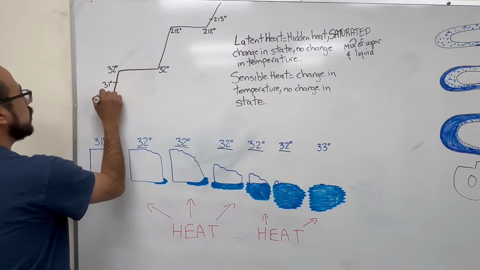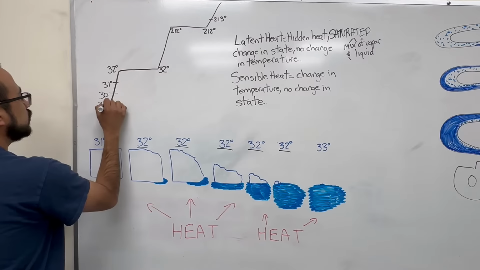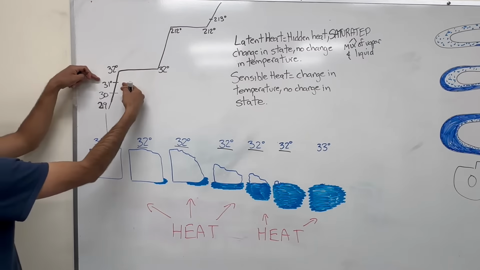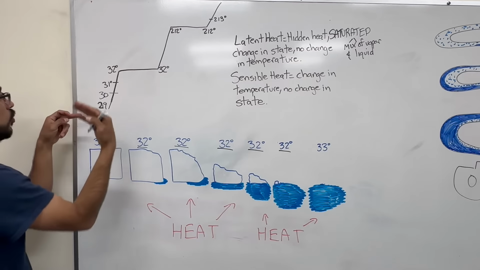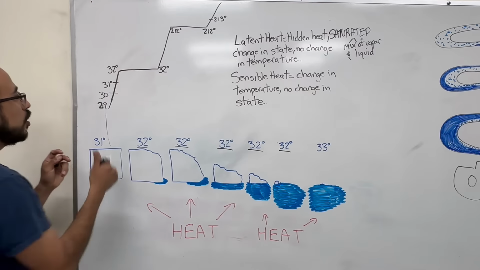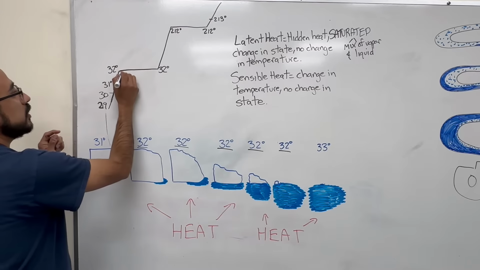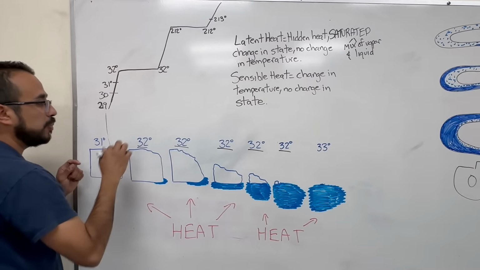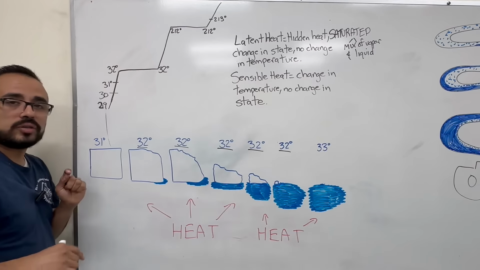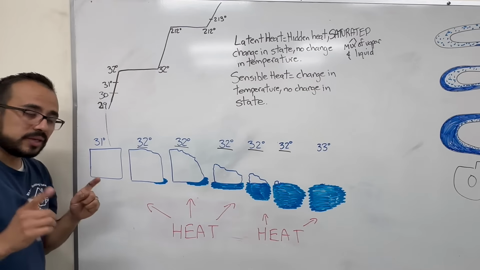But here with water, let's say we have a block of ice. It can get colder than 32 degrees. It could be 31, 30, 29. Once it hits 32 degrees, though, there is a change of state, but no change in temperature. I want to repeat it.